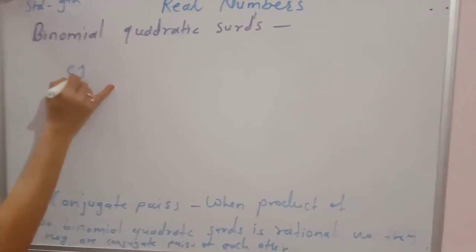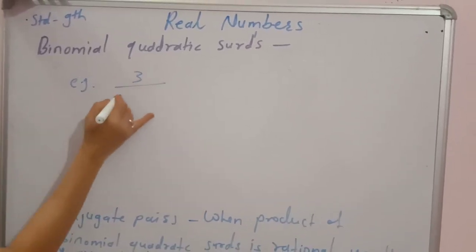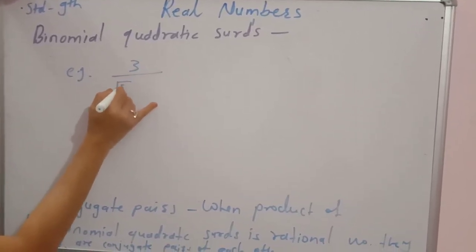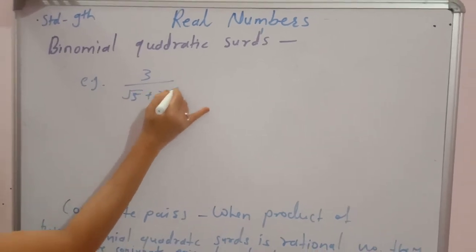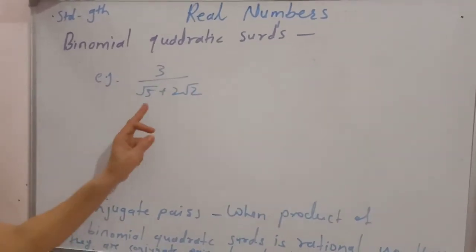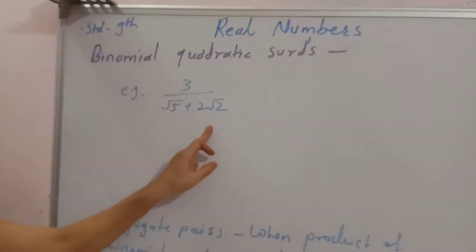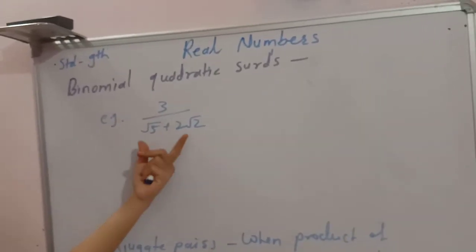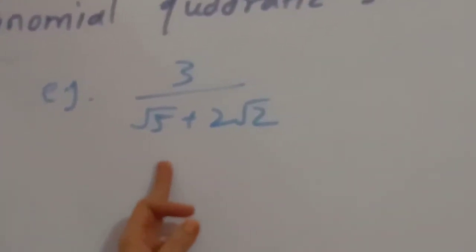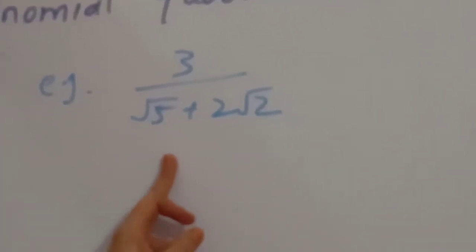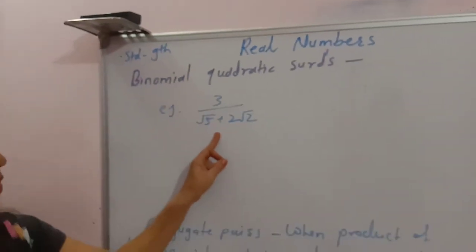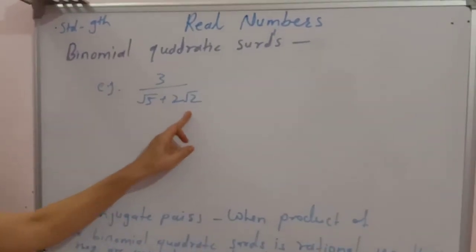For example, 3 upon root 5 plus 2 root 2. This is what we have. If we have to rationalize the denominator, we use the conjugate pair. Before this we have seen a denominator which has a single surd. Now here it is a binomial quadratic surd.